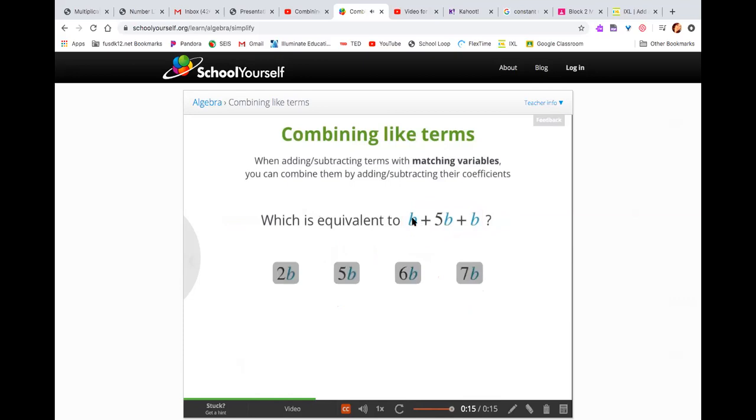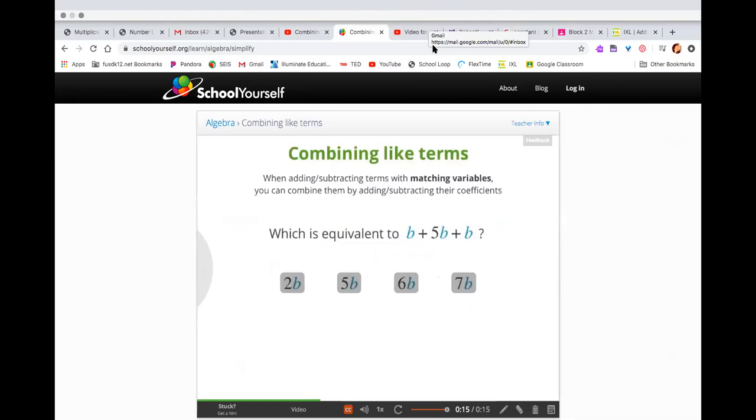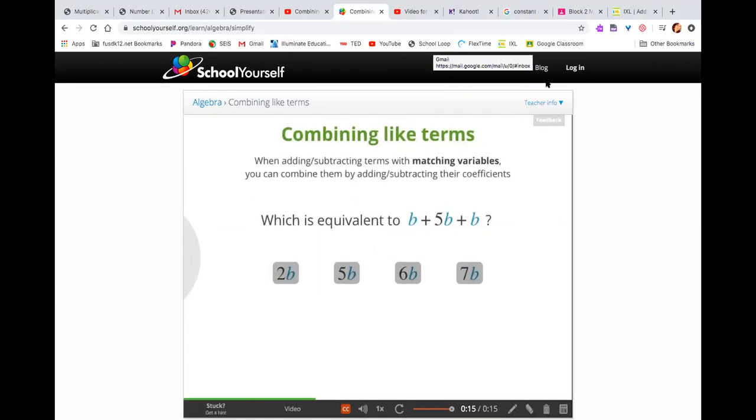Oh, that's tricky, huh? Because there's no number in front of these b's. What number do I need to put there if it doesn't tell me? If there's no number in front of the variable, what number do I put there? 1. Okay. So I'm going to put a 1 here and a 1 there for people that need extra visuals. Okay.